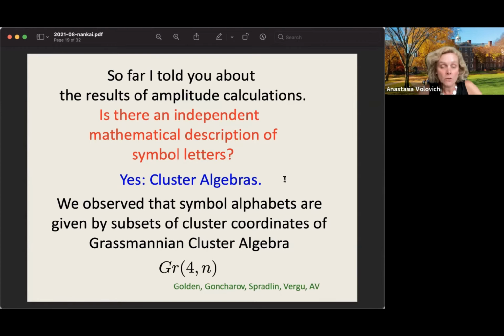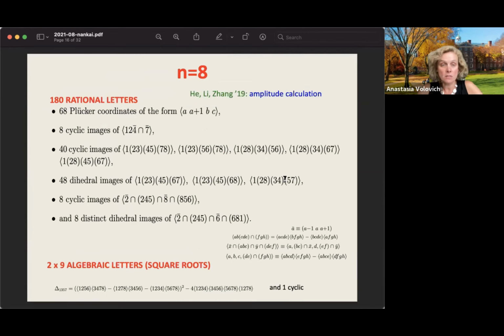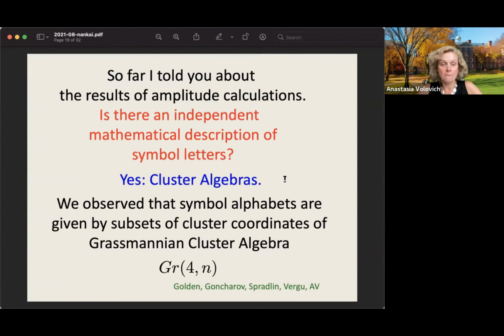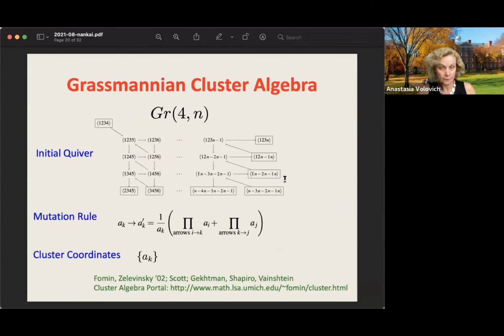What we observed in our work long ago is that the symbol alphabets, a natural conjecture, once you see this formula, is that the natural object describing these coordinates is the Grassmannian cluster algebra Gr(4,n).